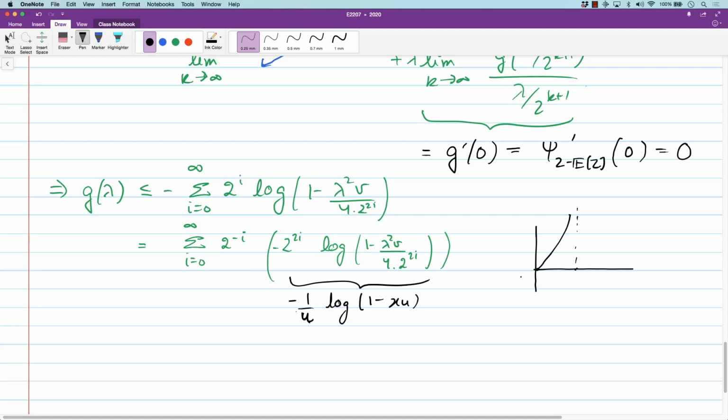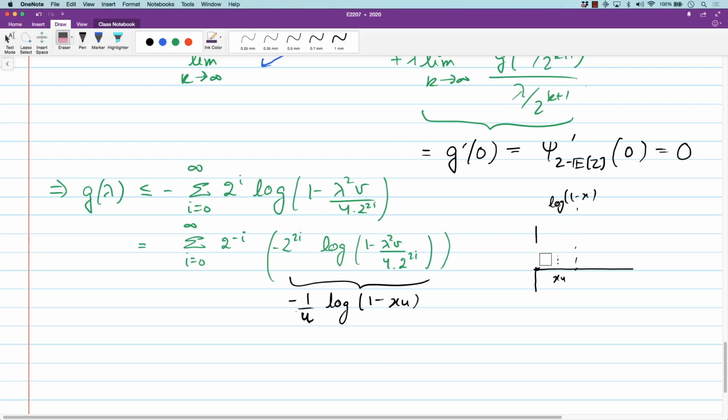Now what we are doing is we are parameterizing a point xu, and we are looking at this line here.